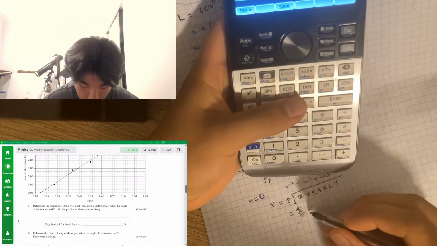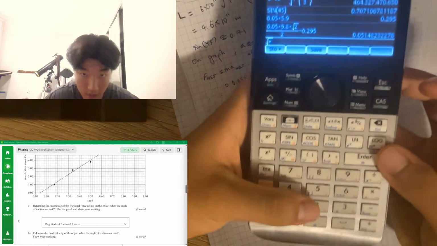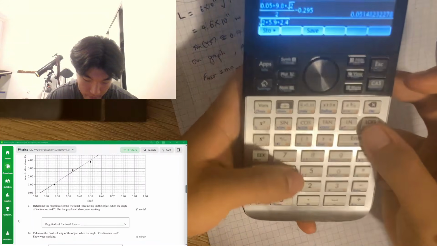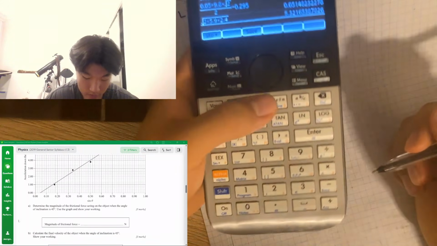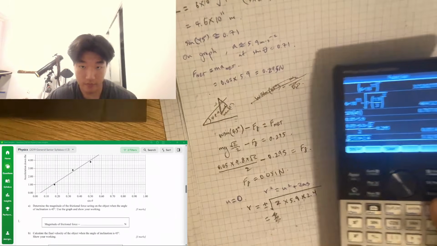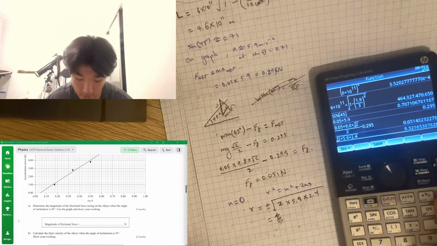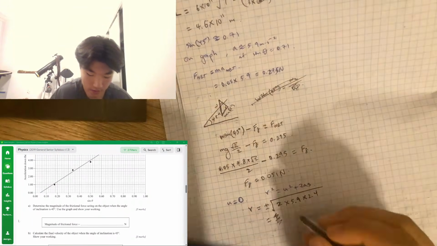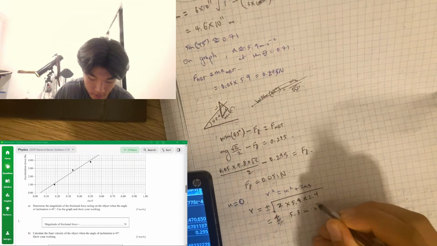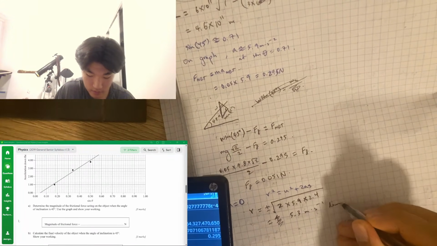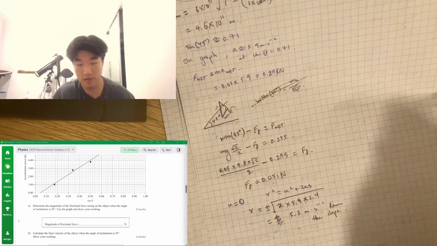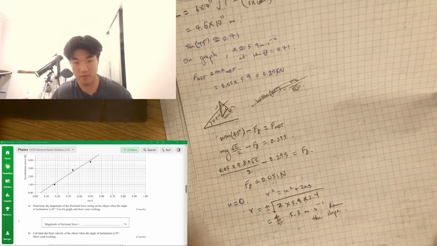We ignore the plus minus, and instead what we write, so we sub in the values, 2 times 5.9 times 2.4. We get an answer of 5.3 meters per second down the slope. So that's the direction, and the speed is 5.3.